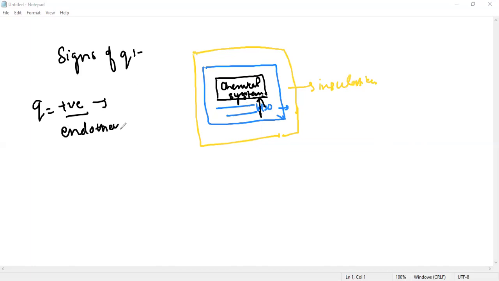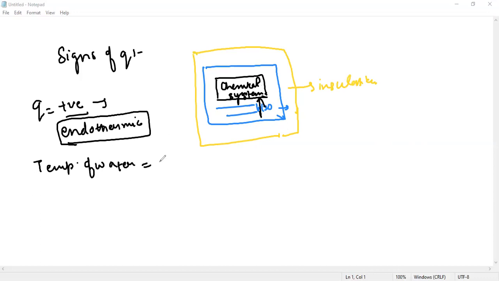If you recall from the previous lecture, endothermic reactions are those reactions which absorb energy from outside to proceed. So when the heat is flowing from the surroundings towards the chemical system, that process is essentially endothermic. And what will happen here? As a result, the temperature of the surroundings, in this case water, will decrease, because the heat is flowing from the water towards the chemical system.